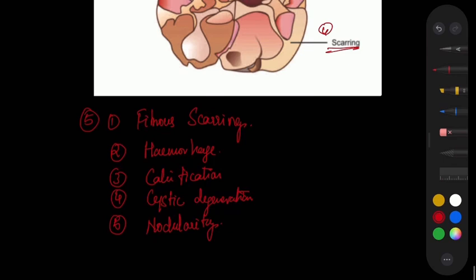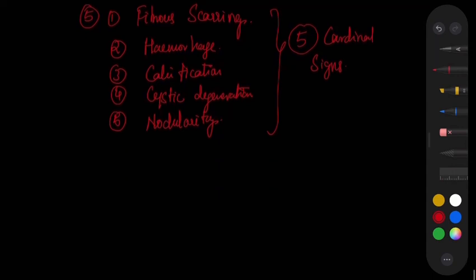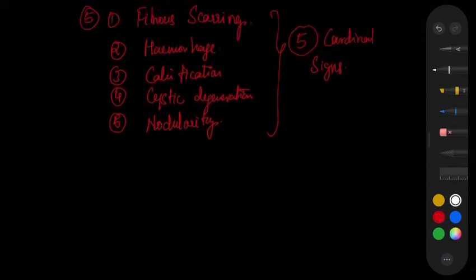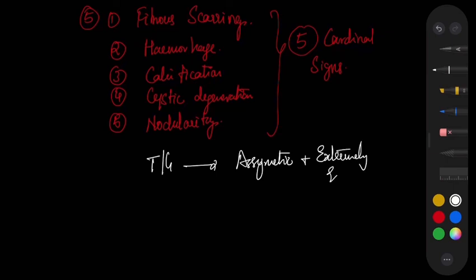So these are the 5 cardinal signs. We also see that the thyroid gland is asymmetric and extremely enlarged, and it weighs about 100 to 500 grams.